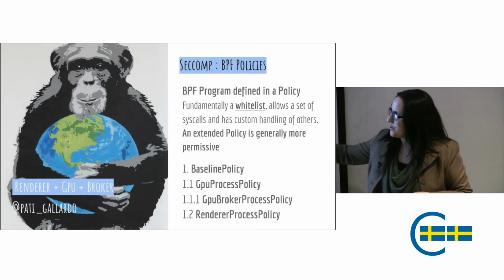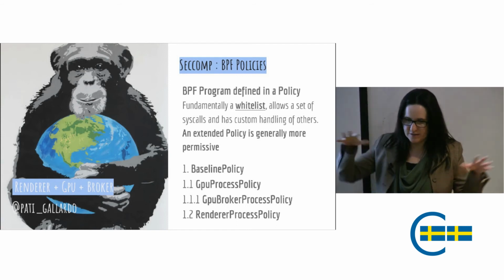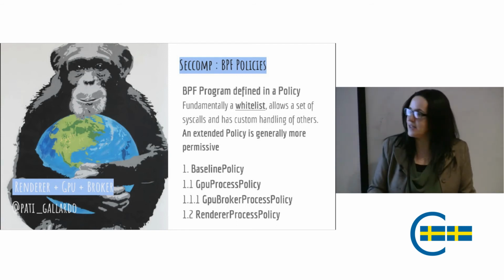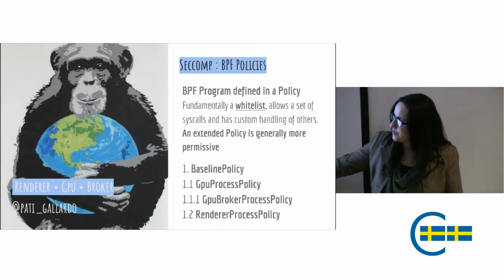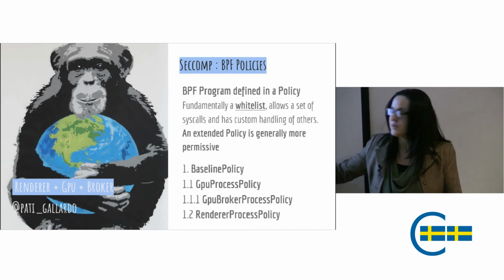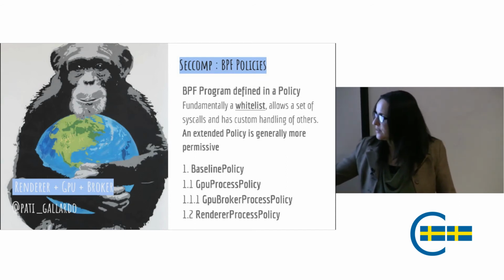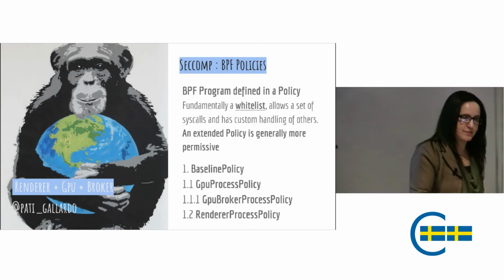So you'll see that there's a baseline policy that all of the sandboxed things get. Then the GPU process policy extends this, so it's more permissive. The GPU broker process policy extends that one again, which is even more permissive. And then the render policy also extends the baseline policy and is more permissive.